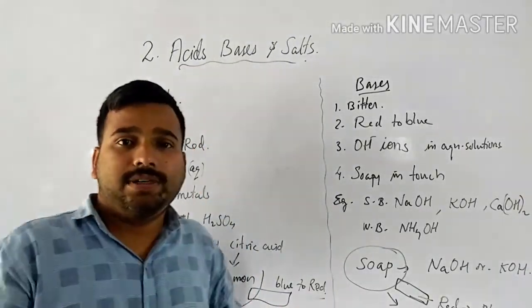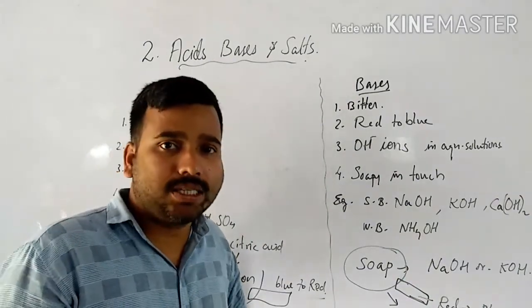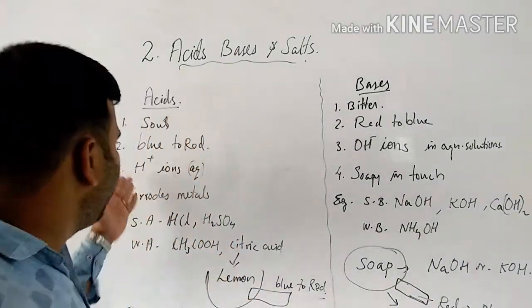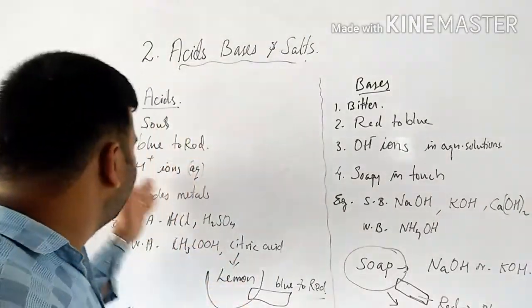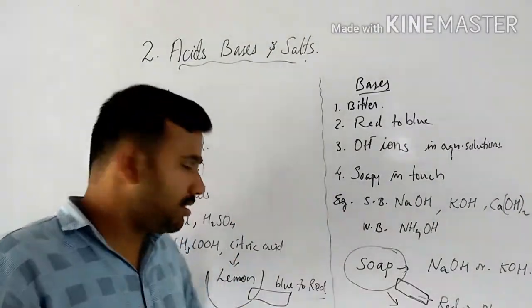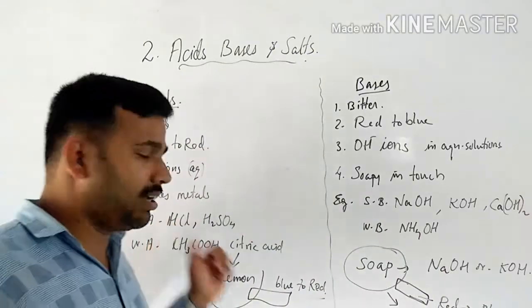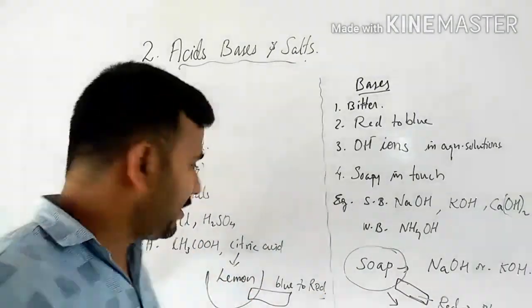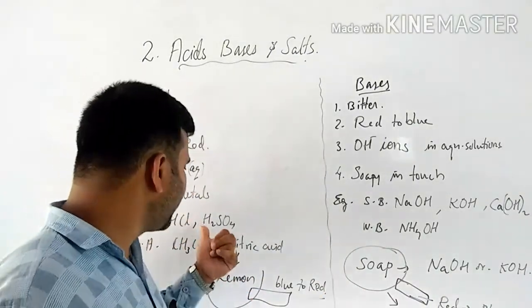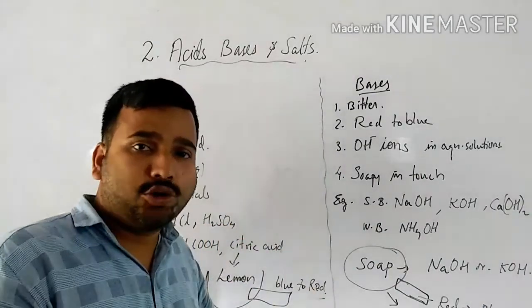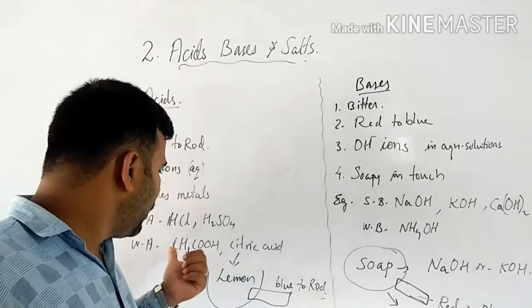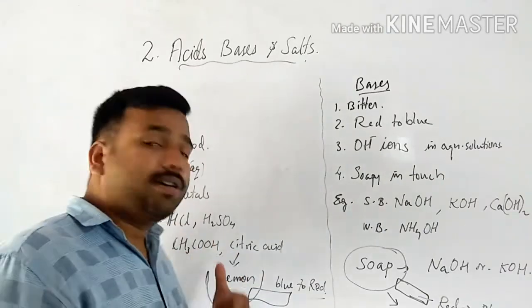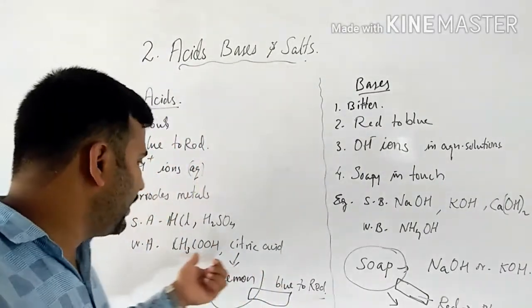And the third definition is in terms of H plus ions. What will happen when an acid is dissolved in water? It will produce H plus ions. As you can see here, HCl, hydrochloric acid, is an example of an acid. And similarly, we can see H2SO4. We can also see another acid, ethanoic acid or acetic acid.